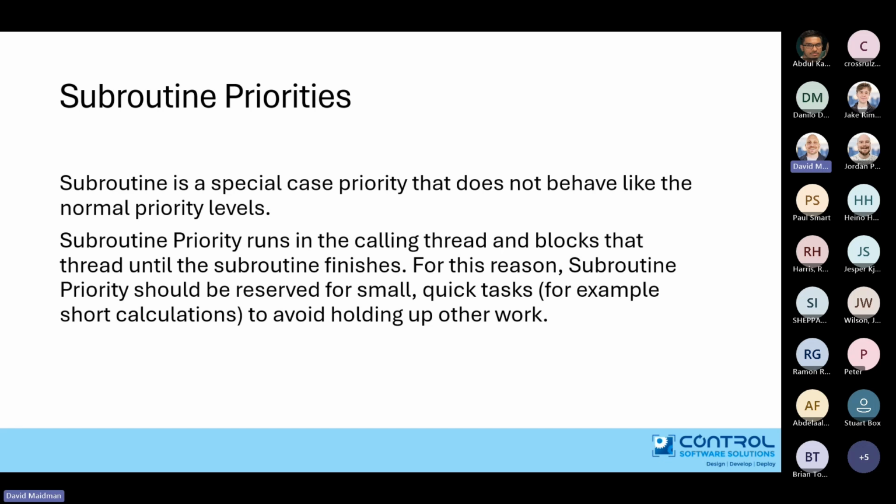The other important thing to understand there is that's a bonus. That's the most efficient thing to do, to stay exactly in the thread you are and then start executing the subroutine. The thing to understand is the subroutine will not release the thread until it's finished doing the task it's doing. So it's good for short calculations that you want to perform really quickly.